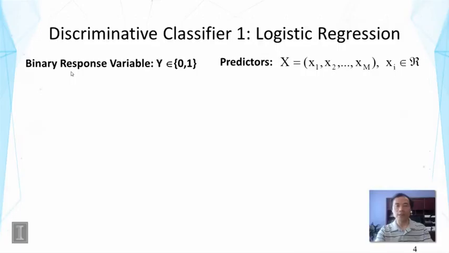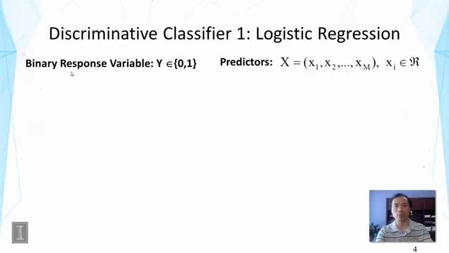So the general idea of logistic regression is to model the dependency of a binary response variable y on some predictors that are denoted as x. Here we have also changed the notation to x for feature values.